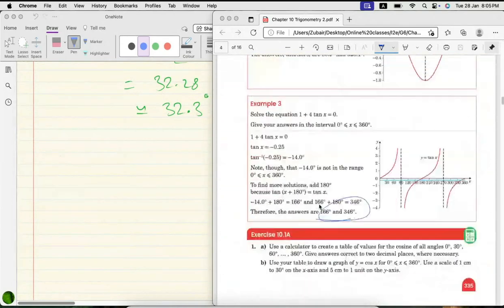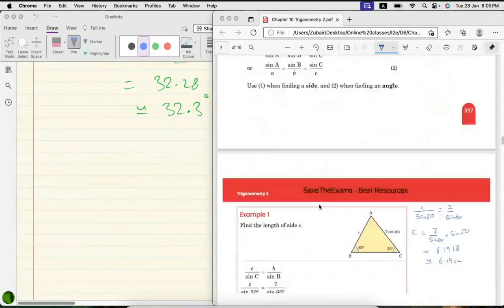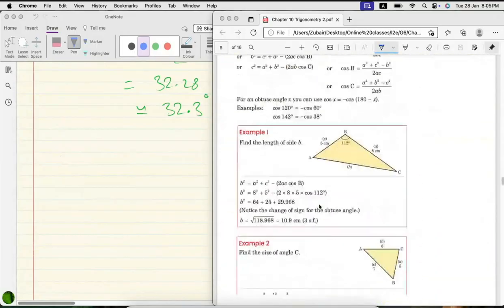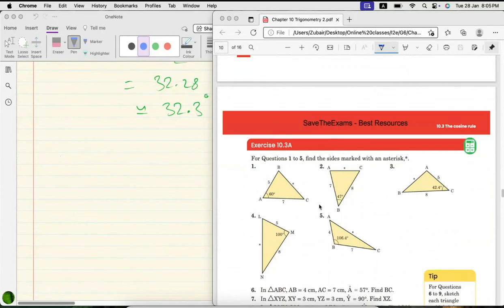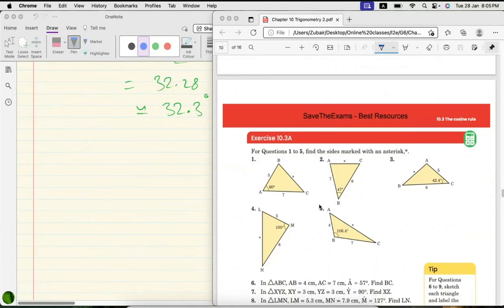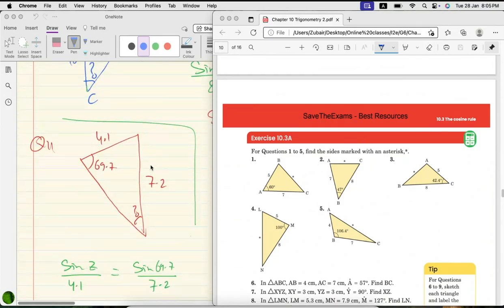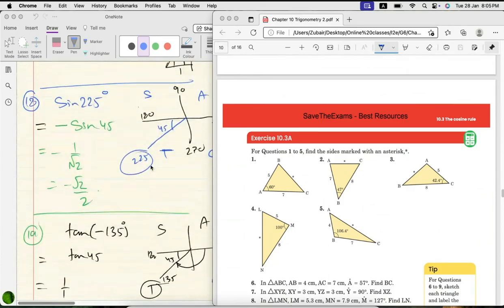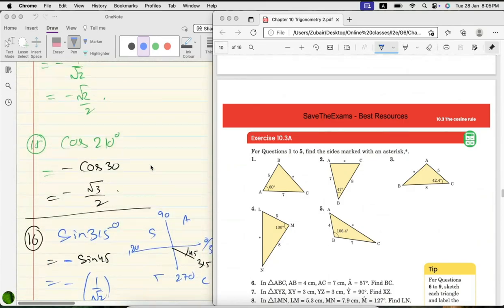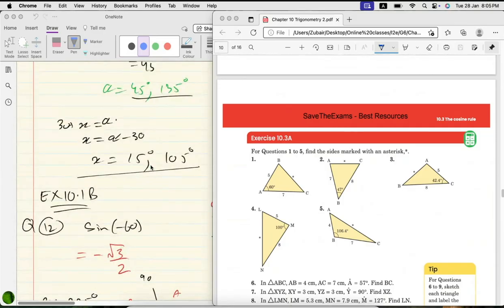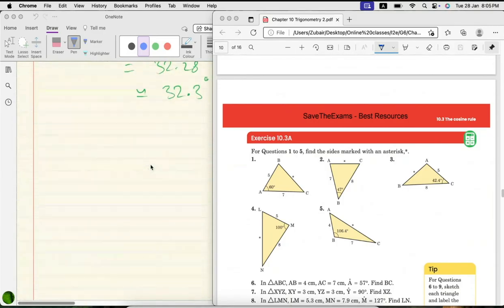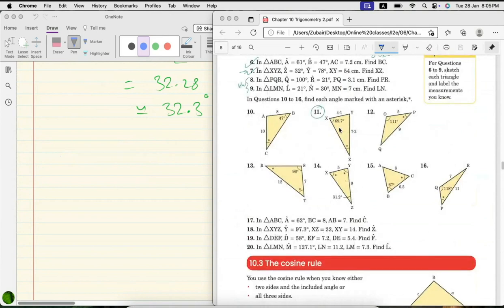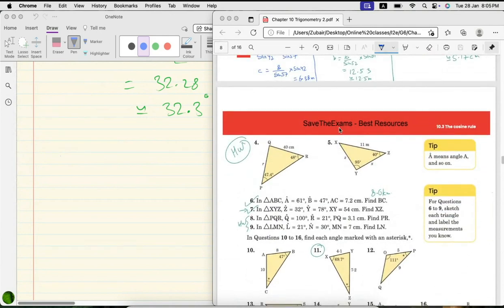Yes, sir. And then 6 mu b. X is 10.1 b. Okay, we did these.